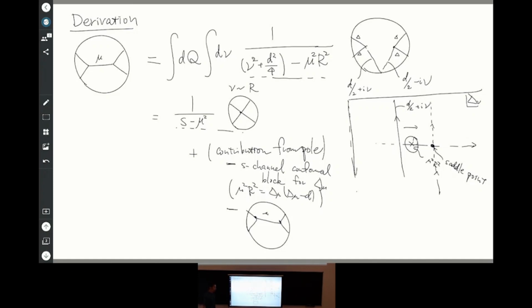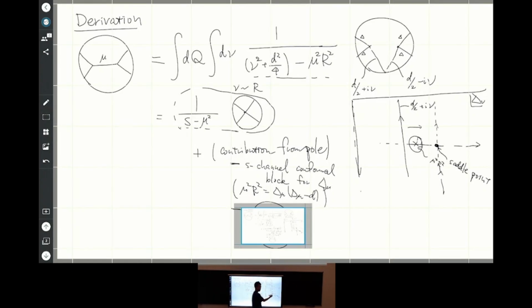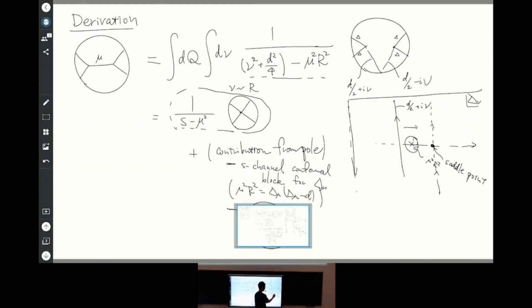And let me also emphasize the meaning of this part. As I said, this unwanted contribution corresponds to the conformal block of the operator with dimension delta mu. And what is the other one? The other one basically corresponds to everything else in this conformal block expansion.